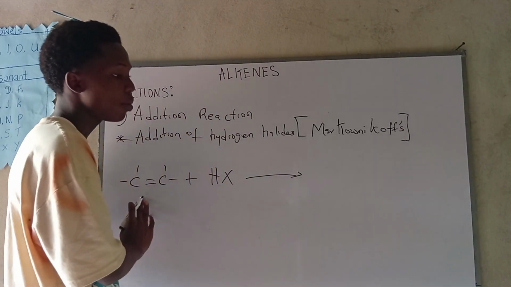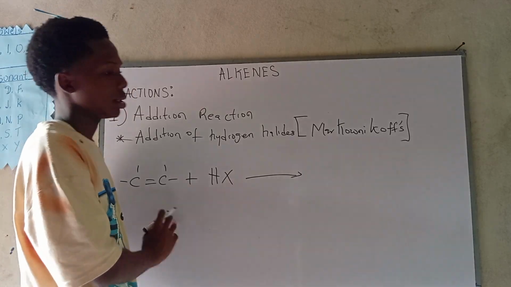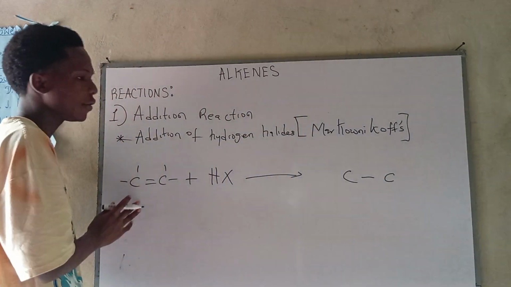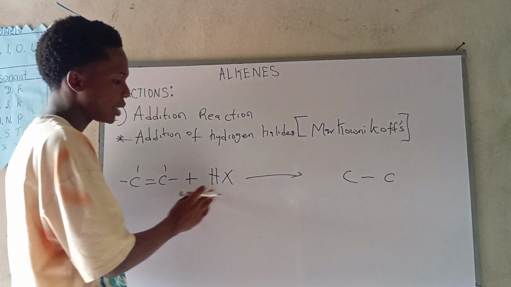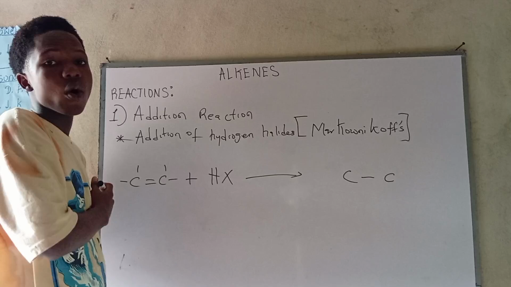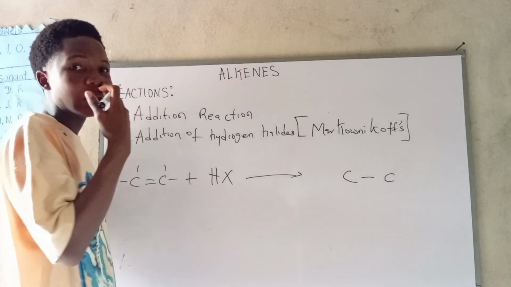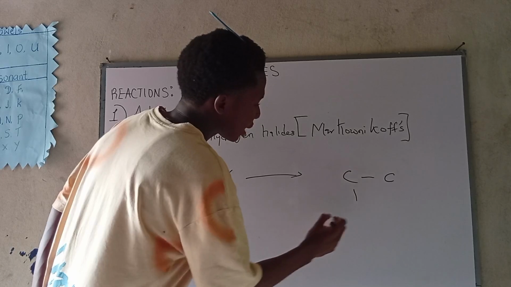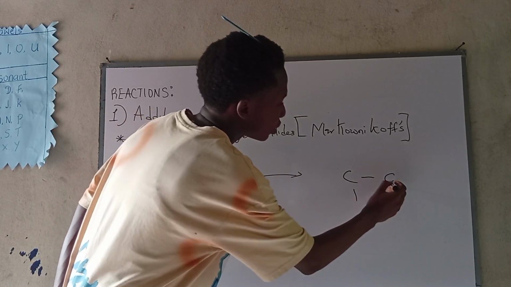As we said, the double bond will be removed. It will turn to an alkane. So now it will be written like this. The position of the double bond is where these will be placed, as in the former reaction, halogenation, which is the same thing, but with a slight difference.